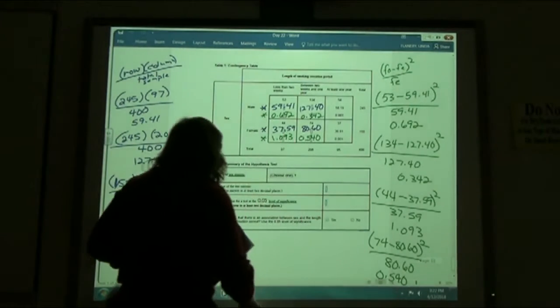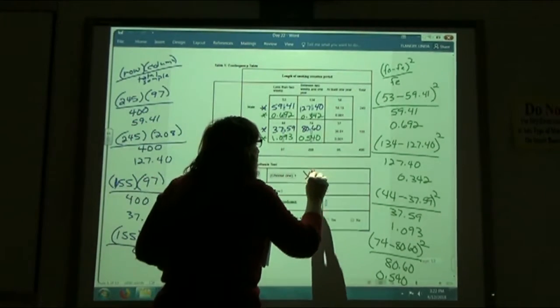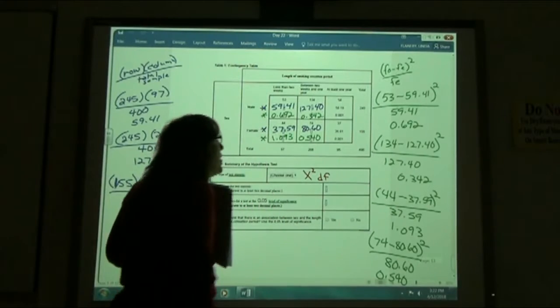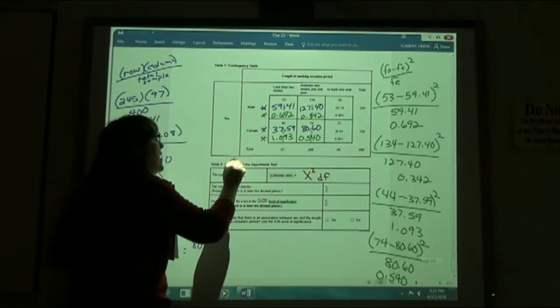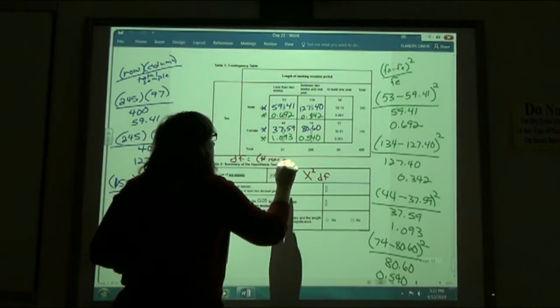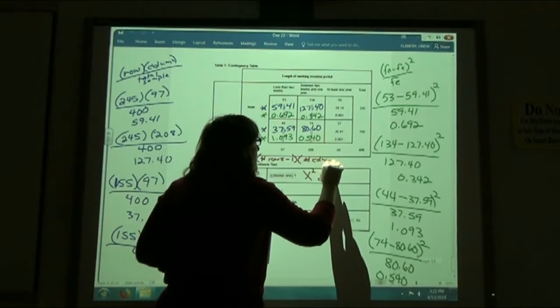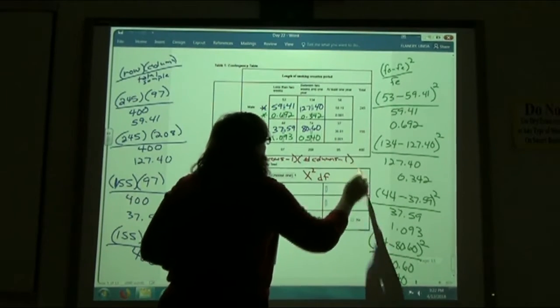Table 2, again, wants to know the type of the test statistic. We know that it's chi-squared and we have to have our degrees of freedom. My degrees of freedom, the number of rows minus 1 times the number of columns minus 1.